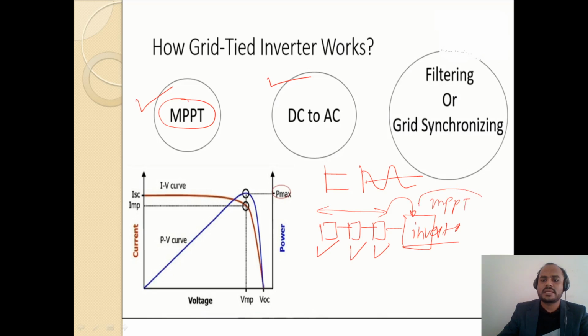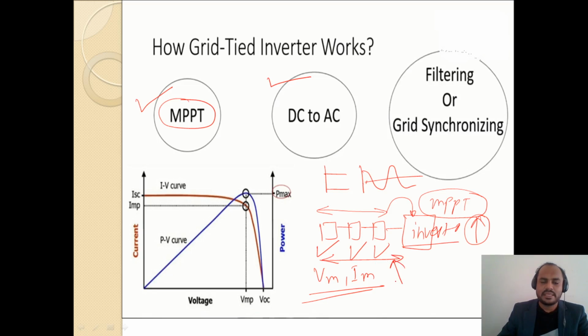MPPT is called the maximum power point tracking algorithm. Basically this algorithm is set in such a way that we can track the maximum V volt and the maximum I current from the individual solar panel, or we can also say string-wise we can extract the maximum voltage and the maximum current here.